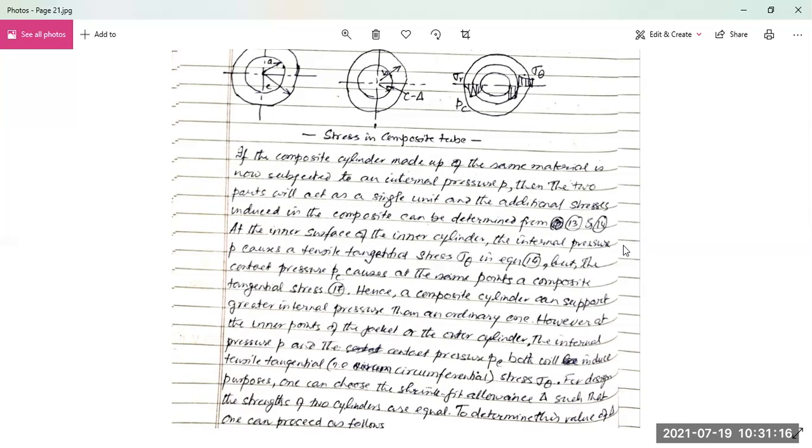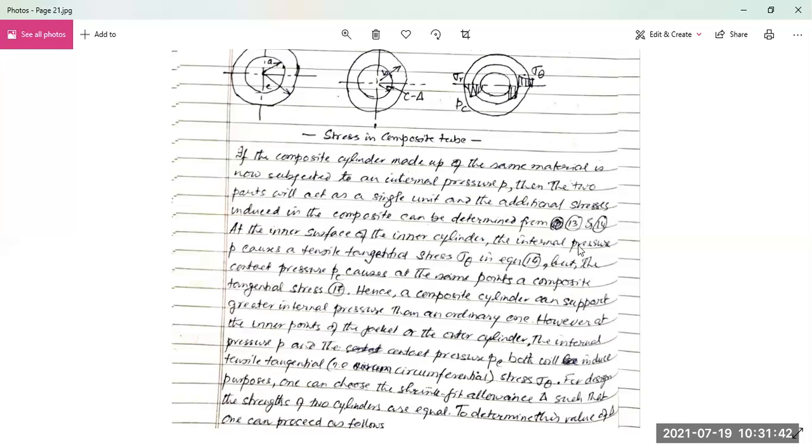That is the equation given by sigma r, for the cylinder subject to internal pressure: sigma r is equal to P into A square divided by B square minus A square into 1 minus B square by R square, where R is the radius itself. And sigma theta, the circumferential stress, is P into A square, where A is the inside radius, divided by B square minus A square, where B is the outside radius, multiplied by 1 plus B square by R square itself.